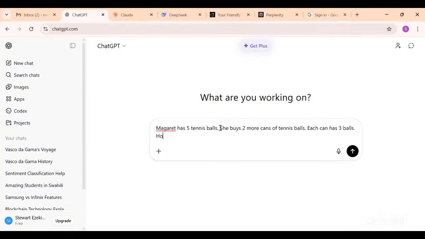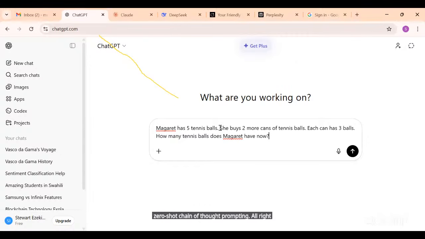Okay, so I can say how many tennis balls does Margaret have now? So you see, this is an example of zero-shot chain of thought prompting.